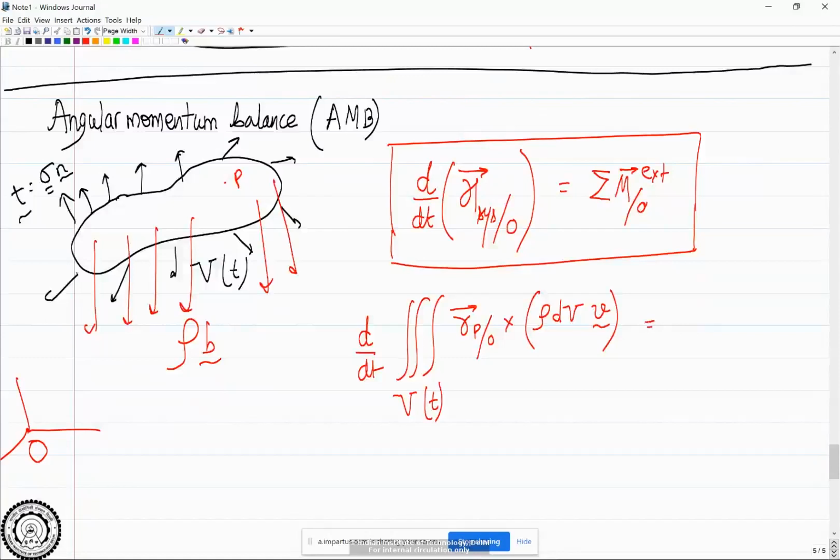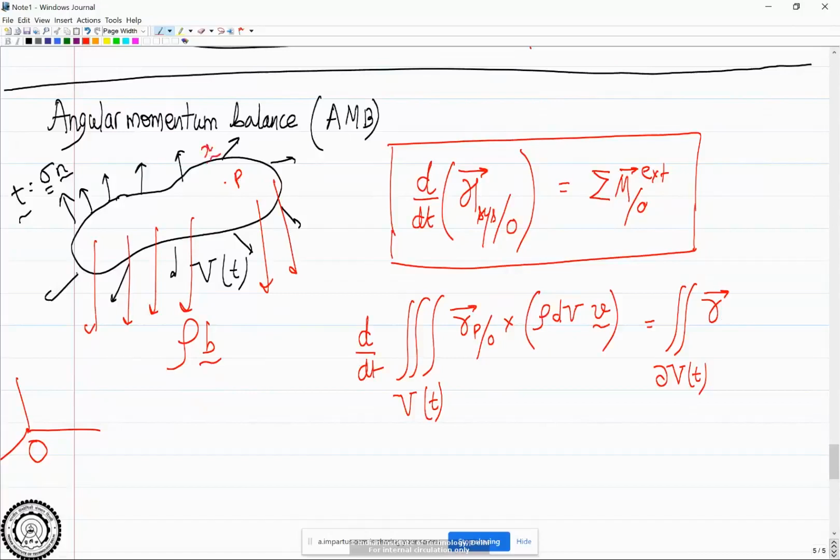Now come back to the right hand side, and this becomes the moment due to traction. So that's obviously over the surface, and you have position vector r with respect to O, and let us say you are looking at a point x on the surface, small x.